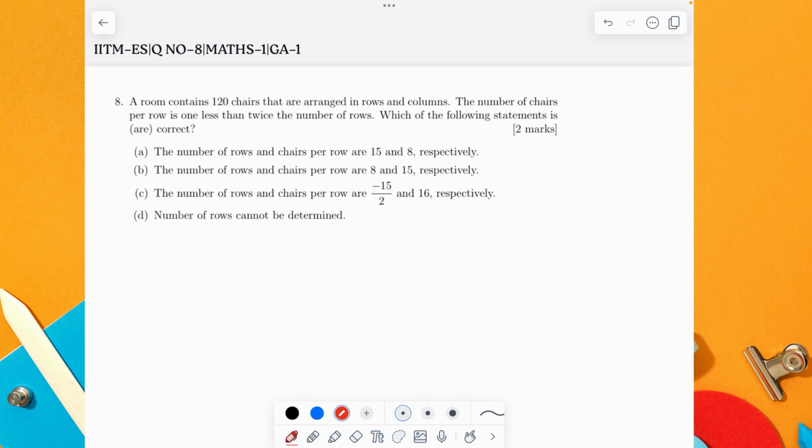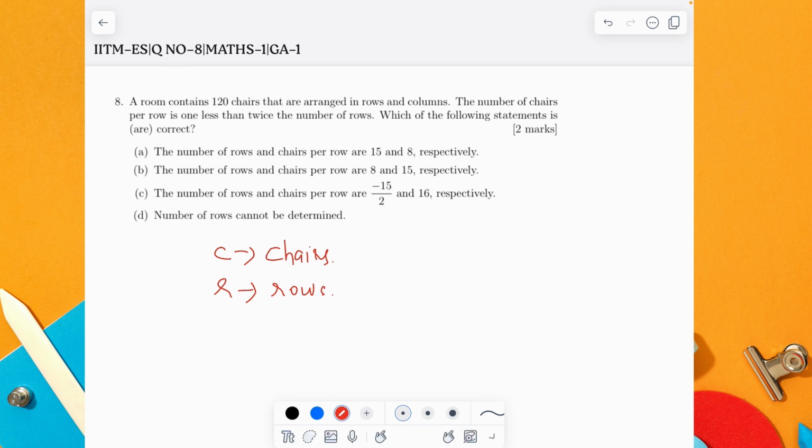So here, the room contains 120 chairs, which are arranged in rows and columns. Now C represents the number of chairs, and R represents the rows. Remember this simple logic.